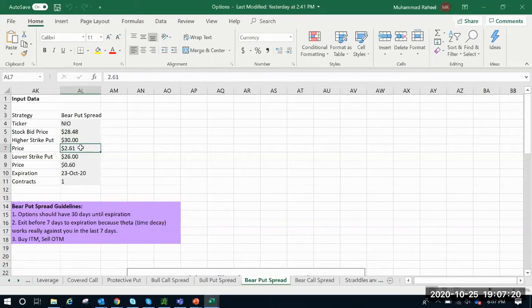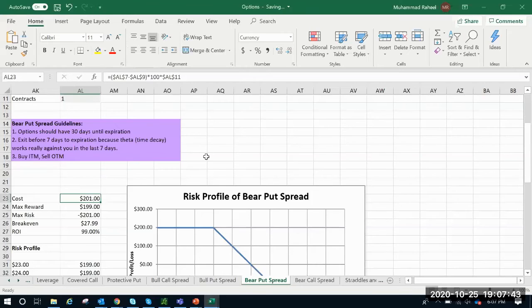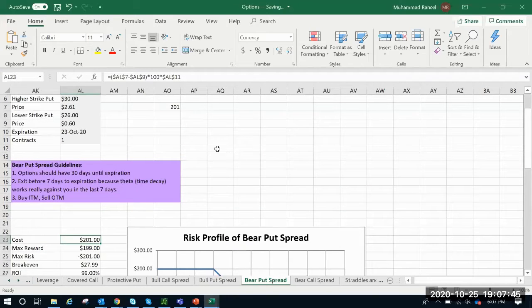So you pay $261 to enter the long put, but then you are selling the 26 put, for which you get a credit of $60. So your net cost of entering this is $201, and that's all you will lose. That's the maximum you can lose, so that's why I call it maximum risk.